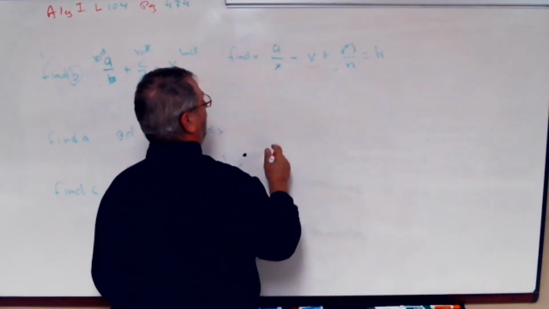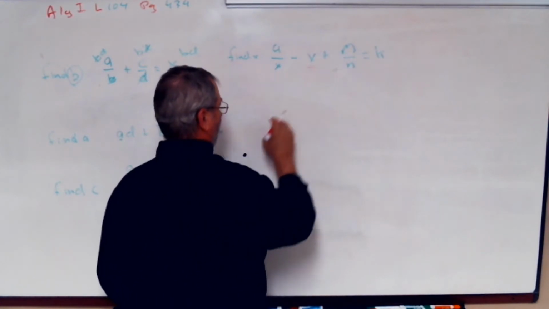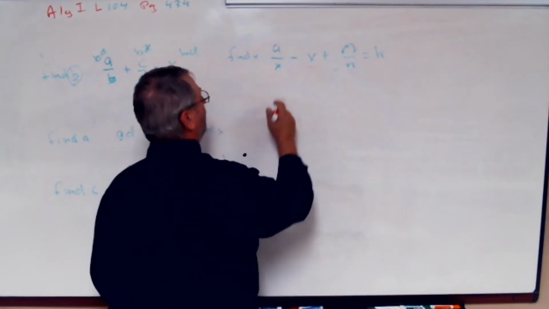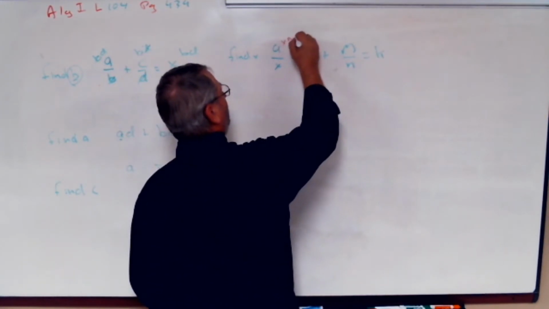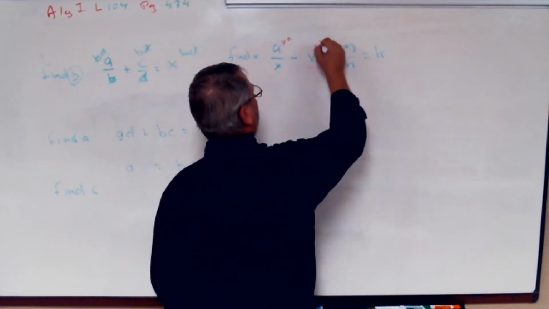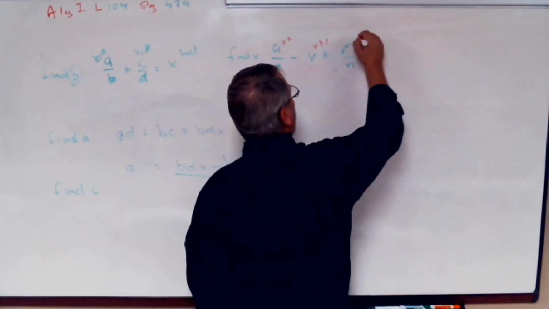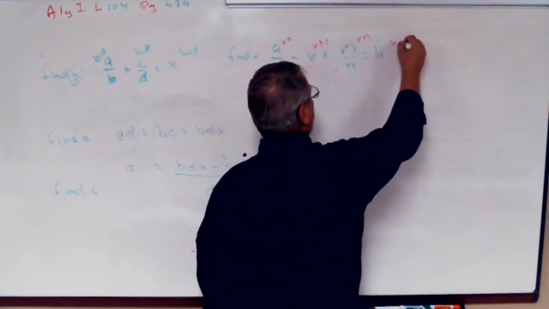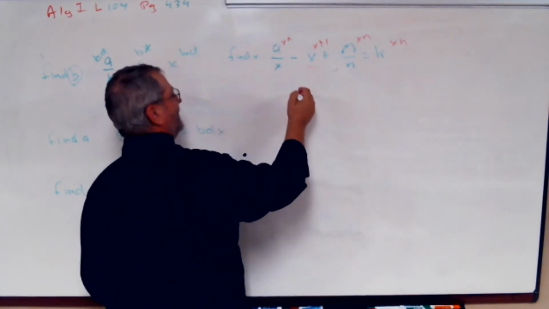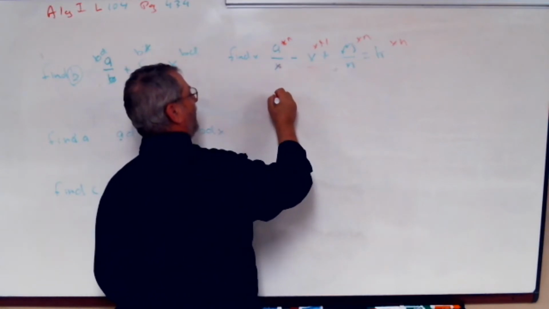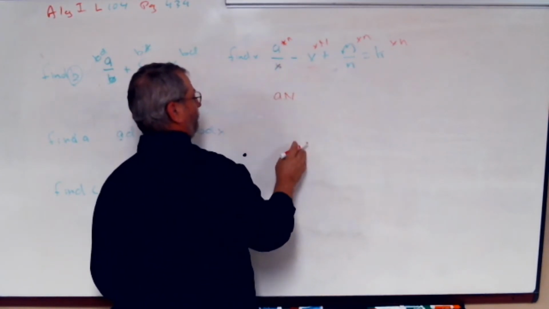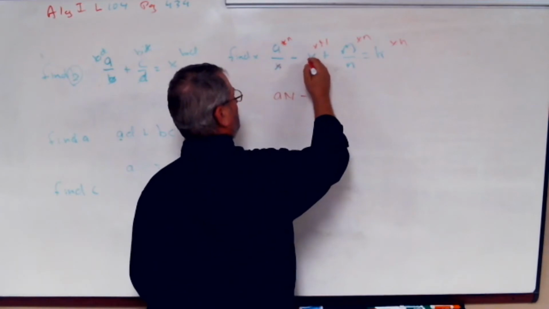So we're going to multiply everything by xn. Okay? We'll multiply everything by xn. So we're going to go xn, xn, xn, and xn. Every piece. Okay? The x's cross cancel. You have an, minus, and this is a y.